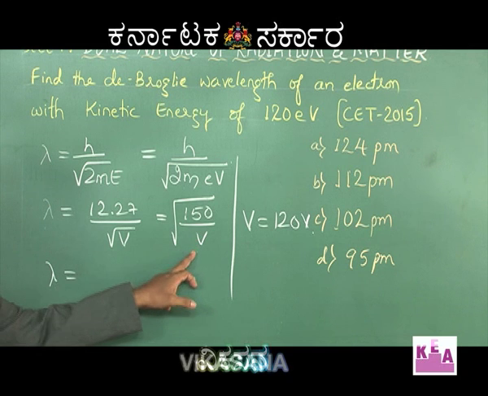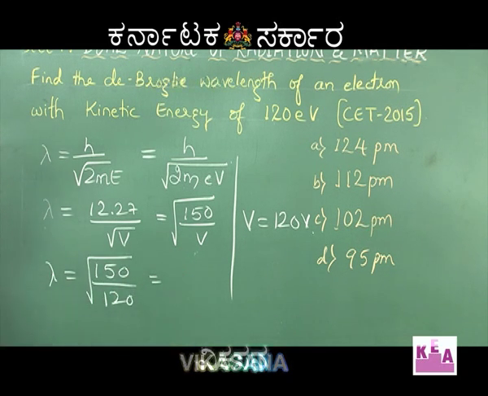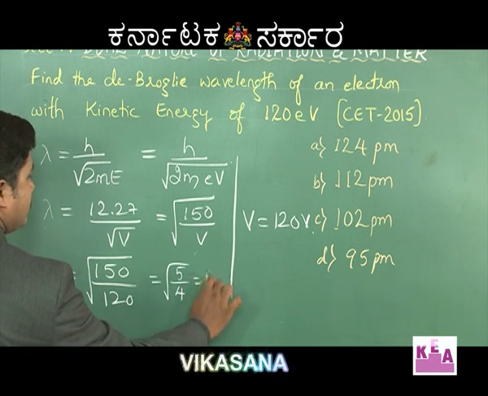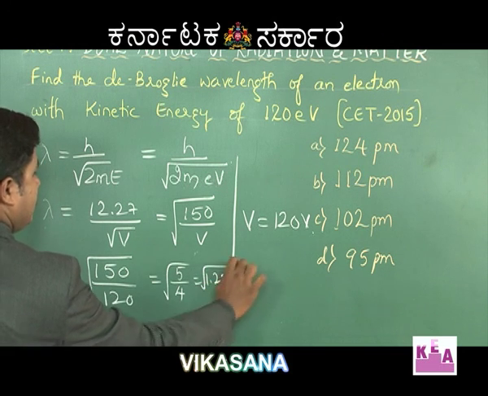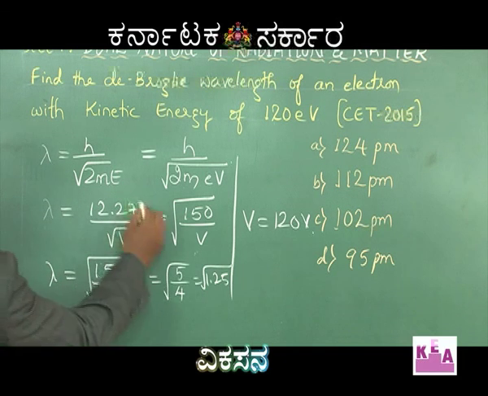I think this is easier. So I will go for root of 150 by 120, which is root of 5 by 4, which is root of 1.25. Remember, this lambda must be in angstrom units.